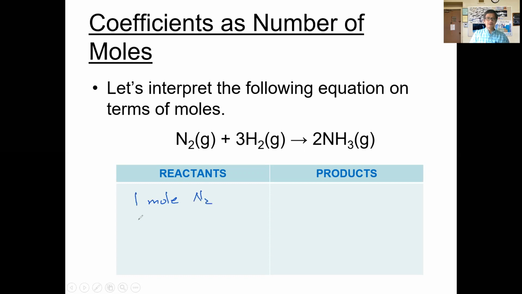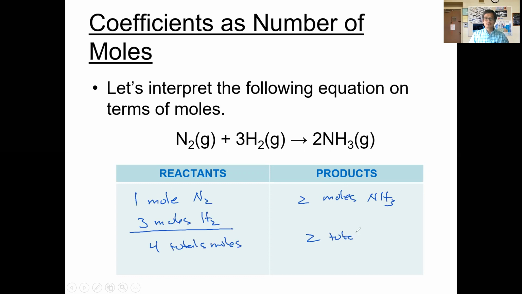We have 3 moles of hydrogen to give us 2 moles of ammonia. And again, if you add this all up, we have 4 total moles on the left. We only have 2 total moles on the right. And if you notice here, they do not equal. So there is no conservation of moles in this case.